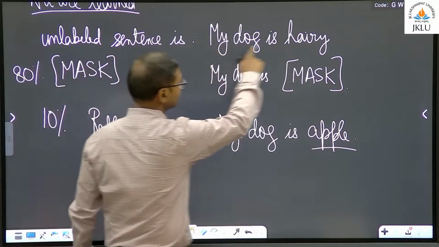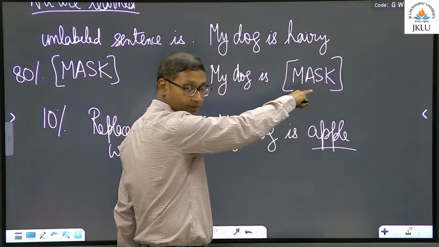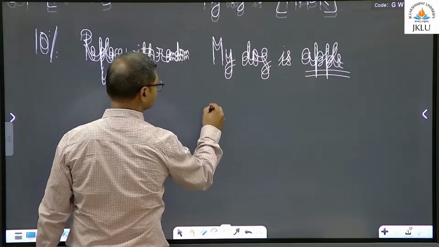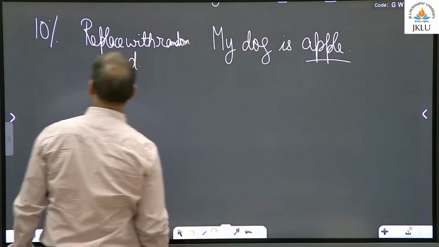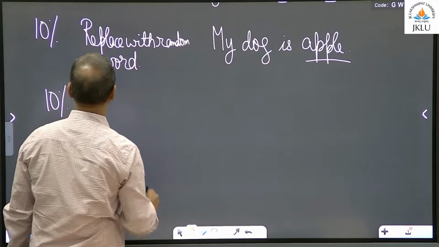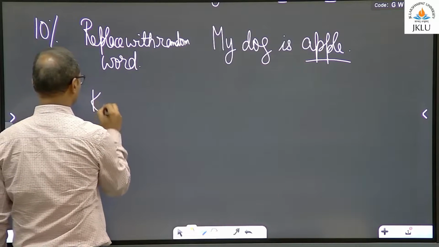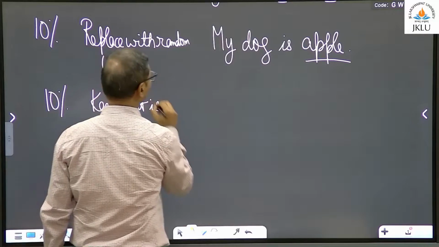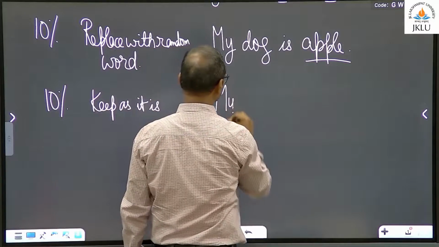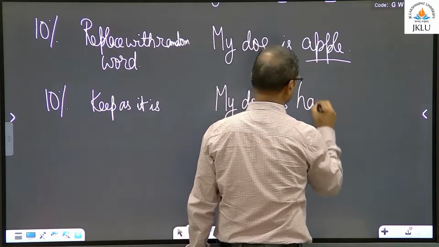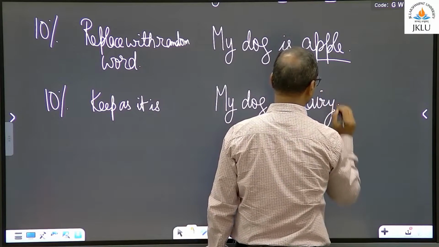So this is my original sentence. If I mask, it becomes this. If I replace, it becomes this. And what happens remaining 10% of the times? Keep as it is. What will that mean? My dog is hairy, remains as it is.